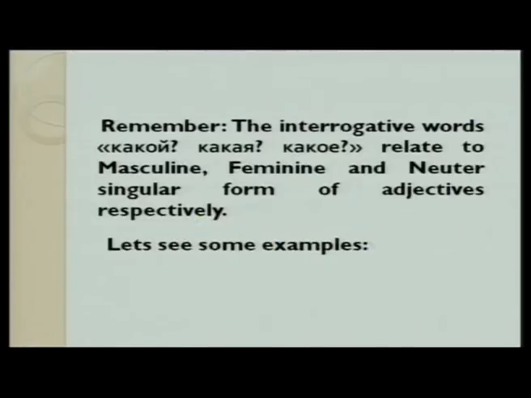Dear learners, if you pay attention to the interrogative words какой, какая, какое, which are related to the masculine gender, feminine gender and neuter gender, these forms of adjectives are respectively used in the same context.